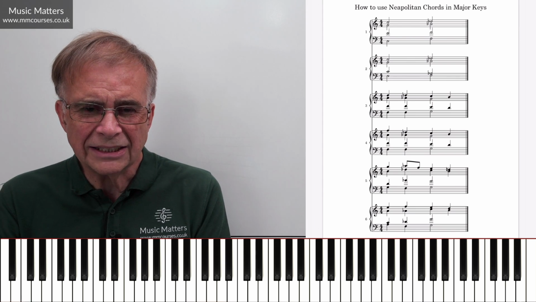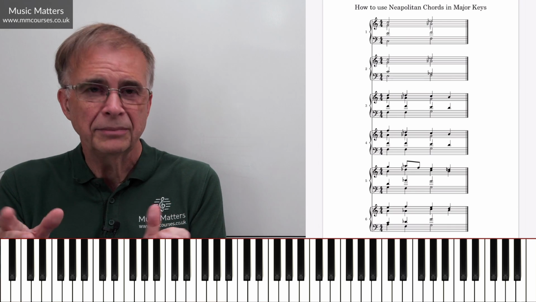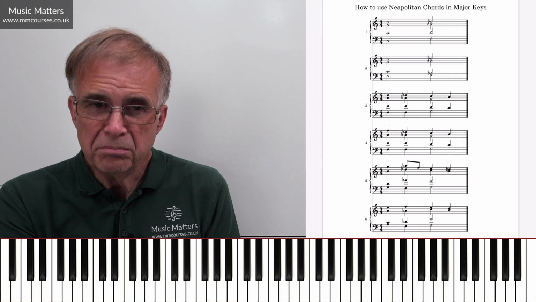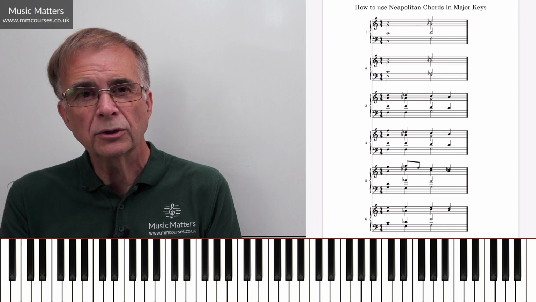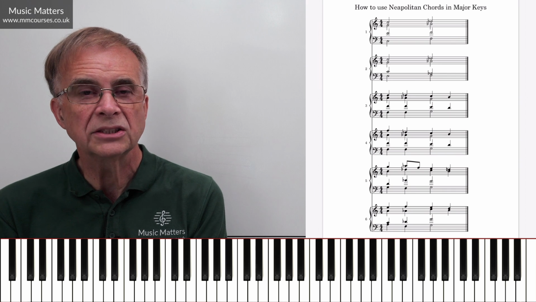It's also very easy to end up with double major thirds. So in the Neapolitan chord in the key of C, well, F is the major third of that triad. So sometimes it's quite difficult to avoid doubling the major third, which is something we're often advised to do.